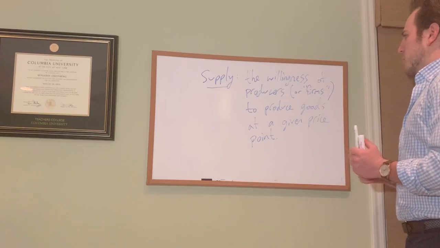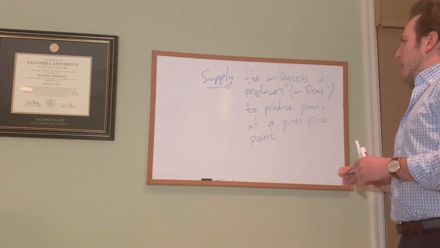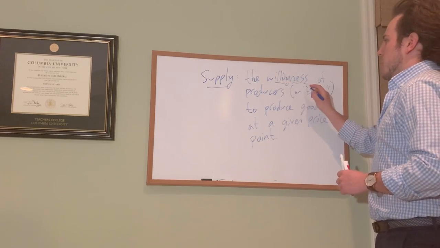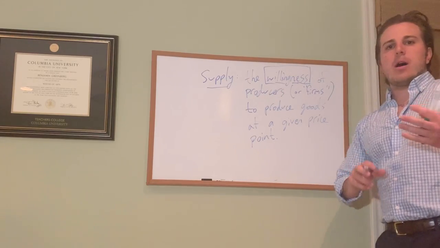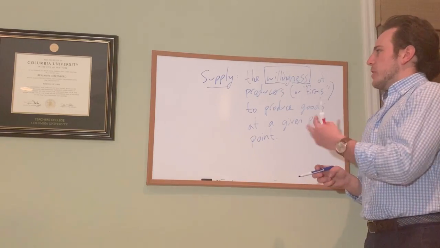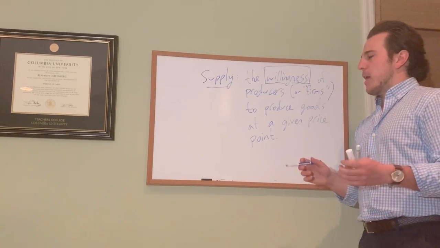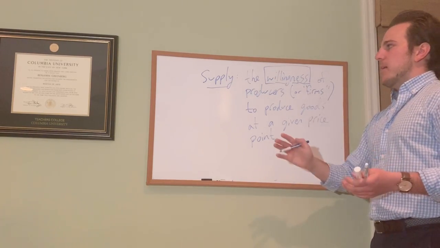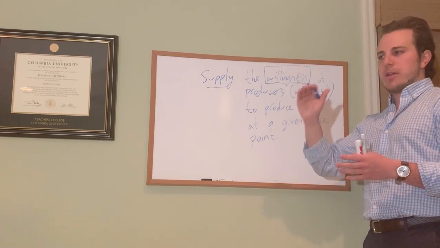Now, you may be thinking to yourself, A, what are firms? Again, firms are just businesses. And B, this word willingness, okay? So willingness in economics is very important because we assume in economics that it's the study of people and choices, the decisions people make in a free market, okay? So just like when we talked about demand, we were talking about the willingness of people to buy different items at different prices.